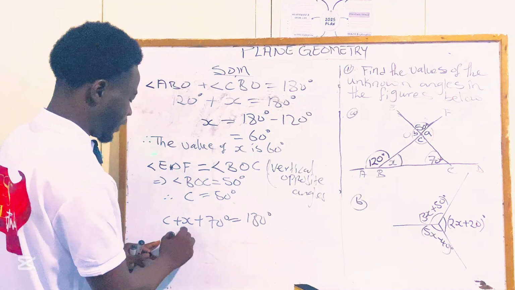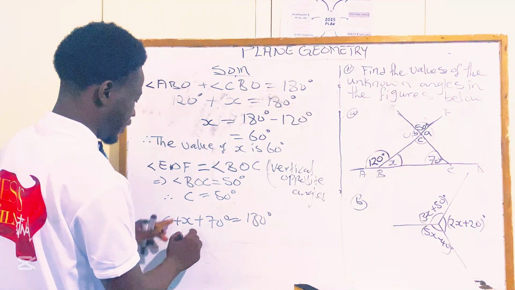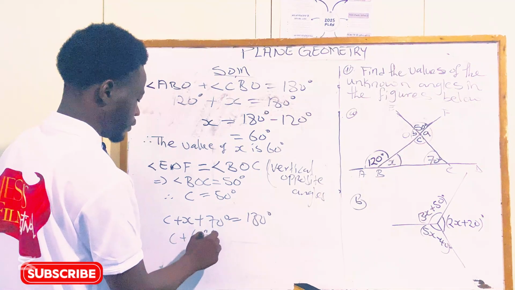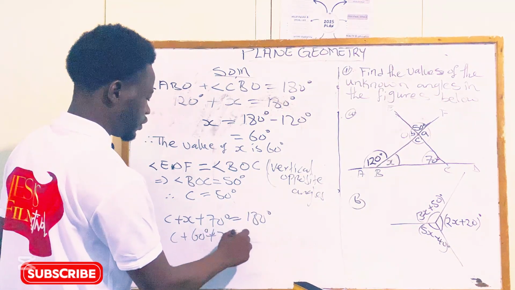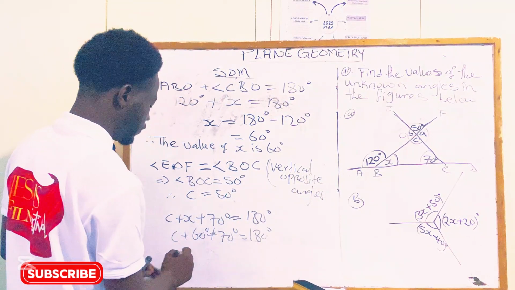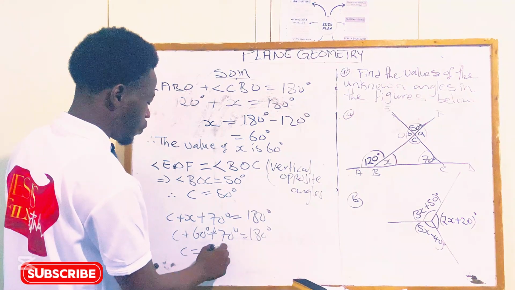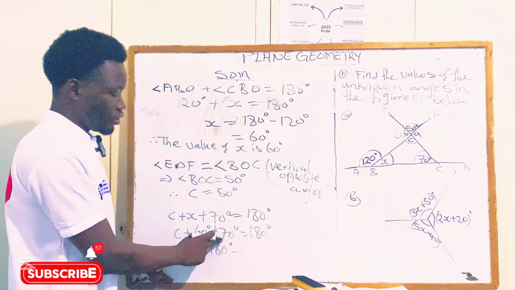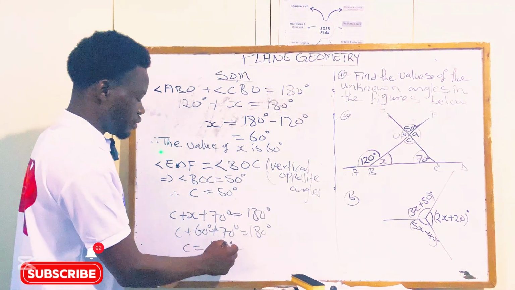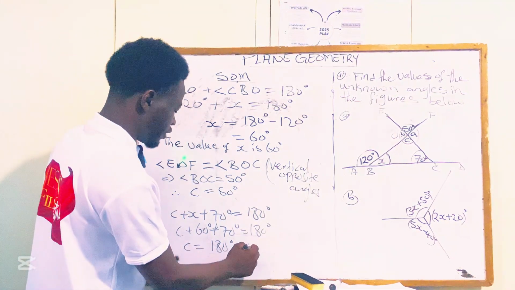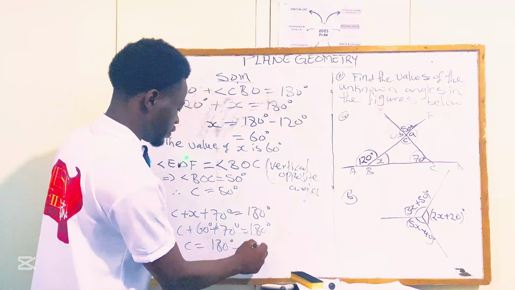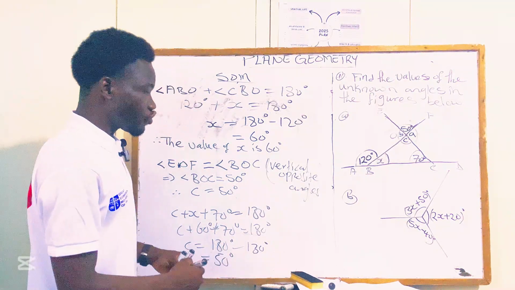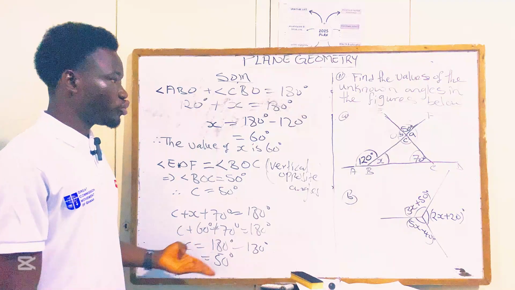So C plus 60 degrees plus 70 degrees is equal to 180 degrees. So C is equal to 180 degrees minus 60 plus 70, which is 130 degrees, so C is equal to 50 degrees. So you can equally use this particular approach to solve it.